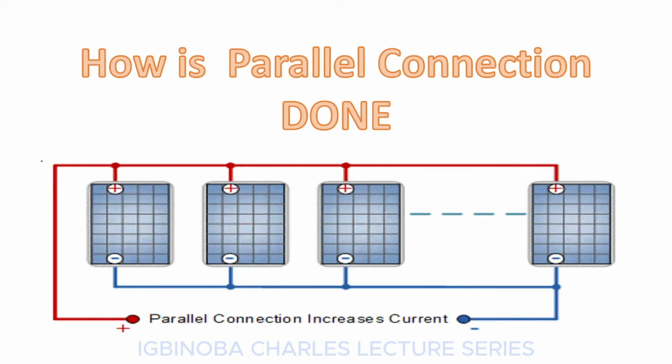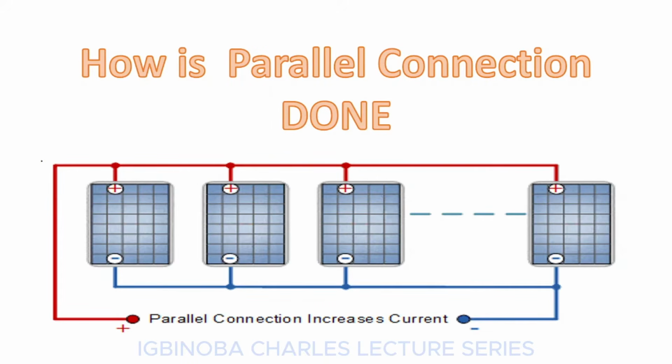Also, the negative of the first panel is connected to the negative of the second panel. The negative of the second panel is connected to the negative of the third panel, and the negative of the third panel is connected to the negative of the fourth panel, and the connection continues depending on the number of panels available.